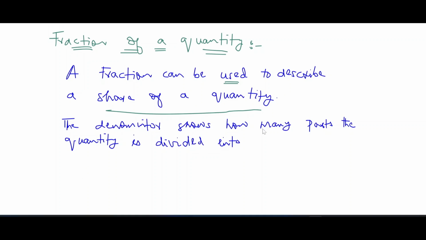The denominator shows how many parts the quantity is divided into. We have a quantity and we want to divide it, how many parts it can be divided.